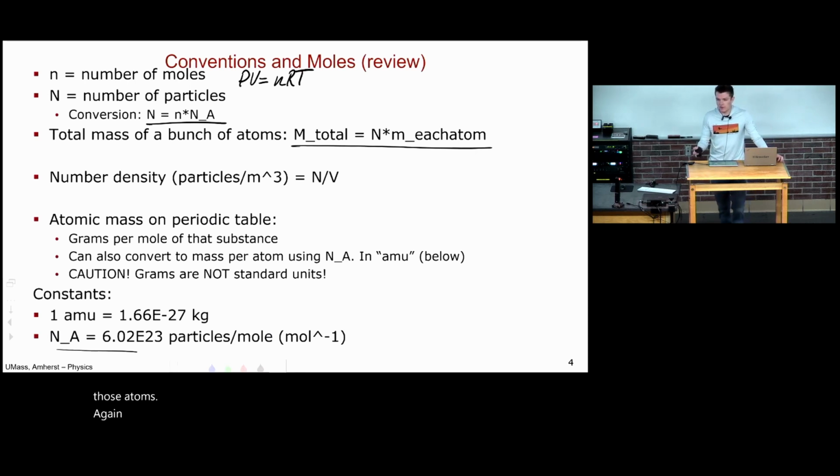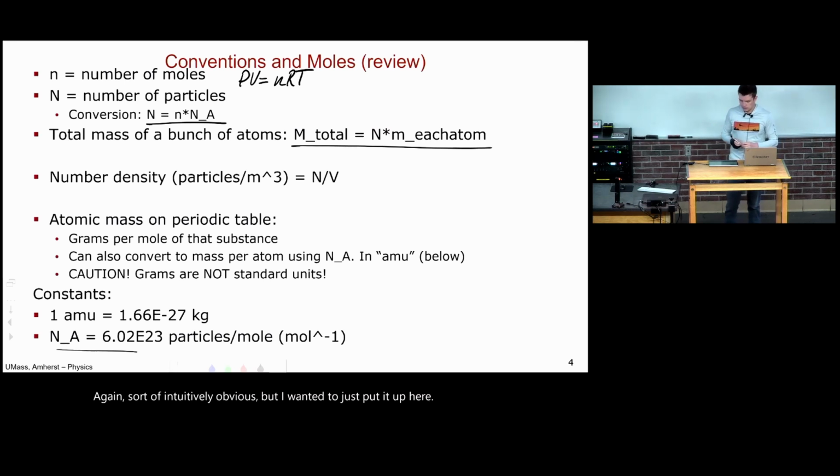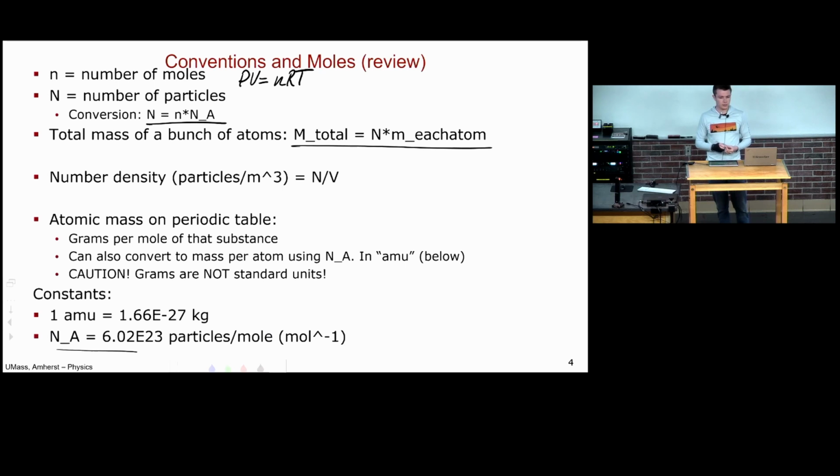Again, sort of intuitively obvious, but I wanted to just put it up here. Just let people copy down.